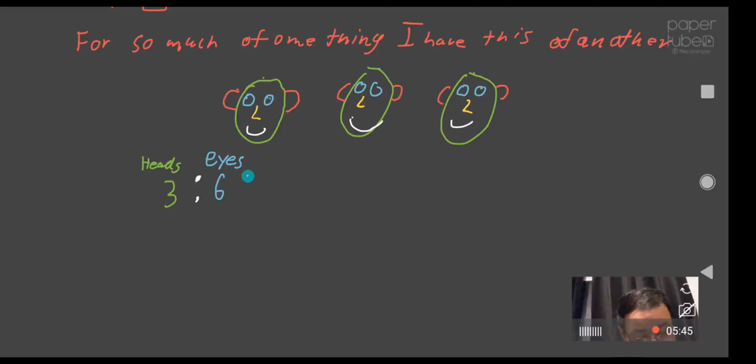Now, how many ears do we have? We have one ear, 2 ears, 3 ears, 4 ears, 5 ears, 6 ears. So I have 6 ears. And I also have 1, 2, 3 noses.